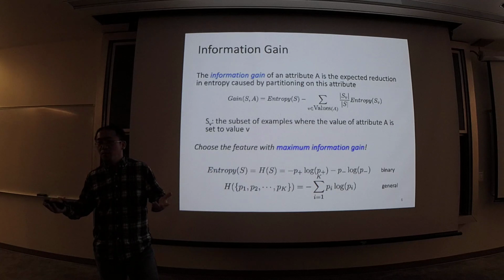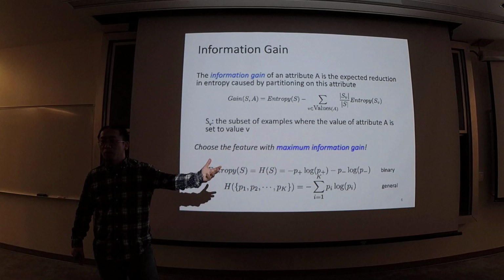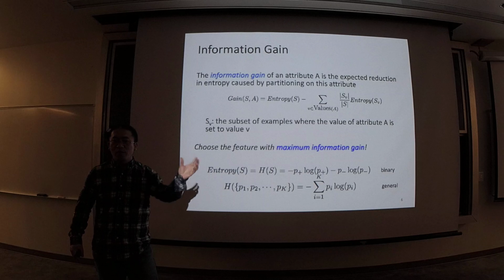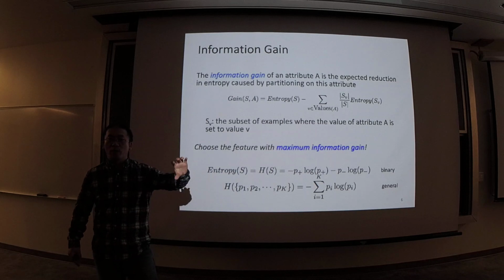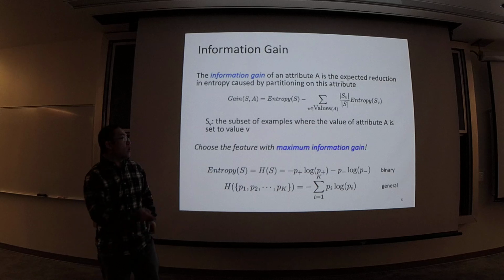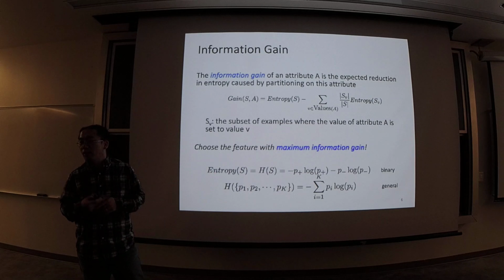But it's much less important than the purity of the 100-example subset. So we need to account for such difference according to the size of each subset. That's why we should weight the entropy of each subset and then take the expectation, the average.